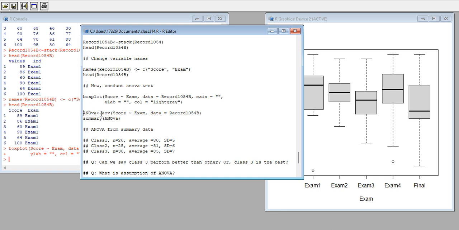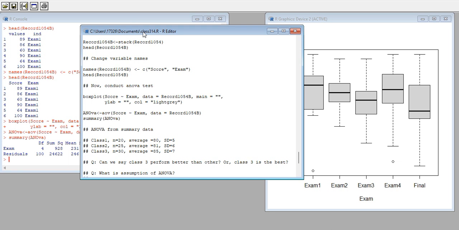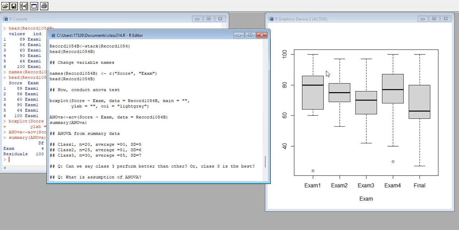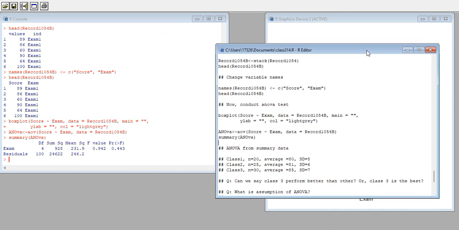ANOVA: the score is related to the exam, using this data. So let's check the result. This is the visual check. It gives us the basic feeling, but not a formal check.